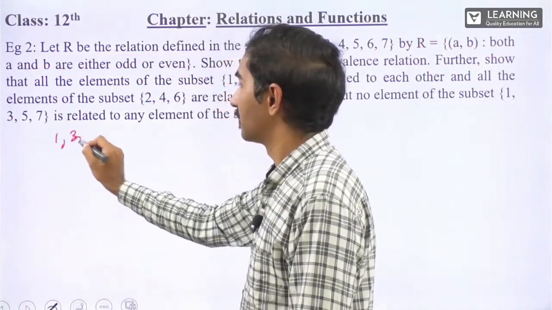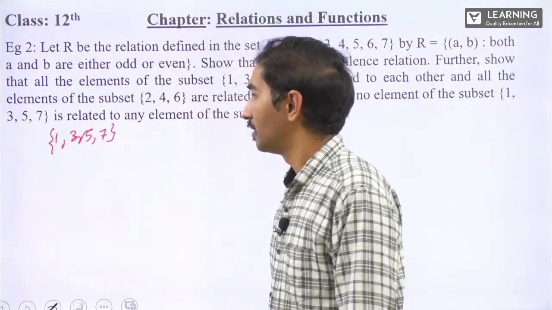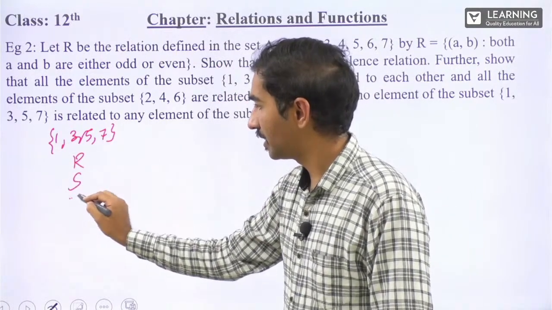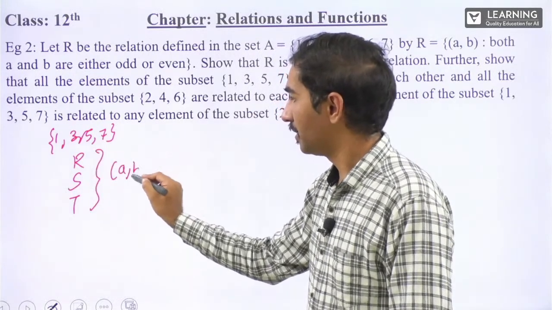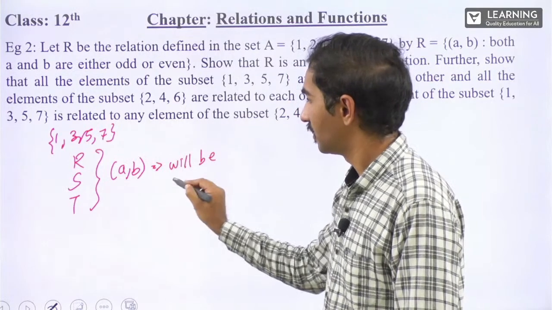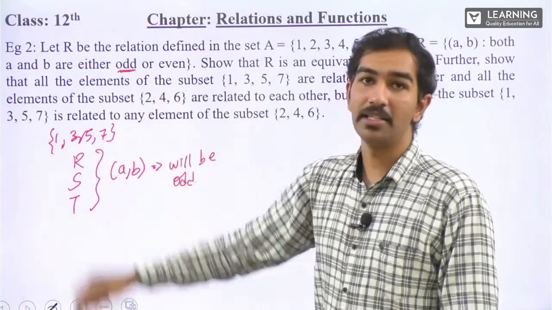So let us take 1, 3, 5, 7. Now try reflexive, symmetric and transitive. You will get that A, B will be odd, which is satisfying the relationship.